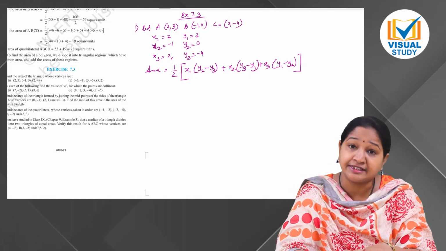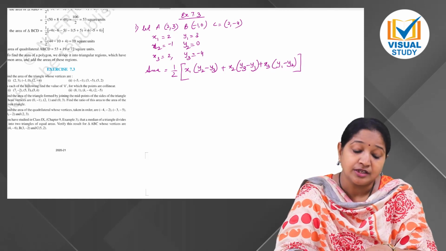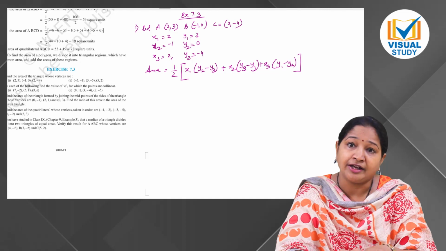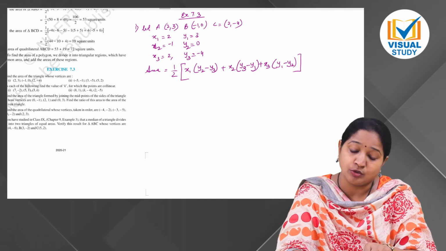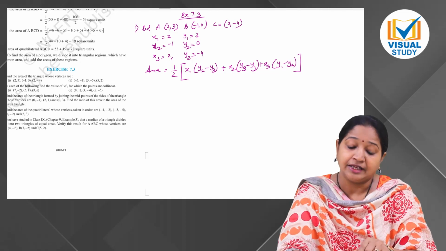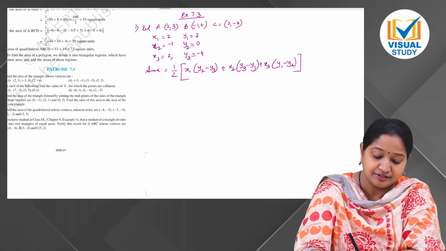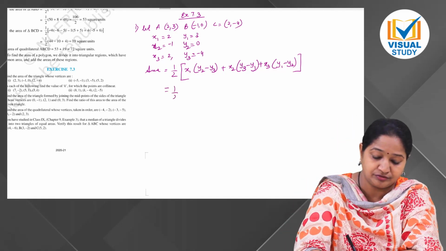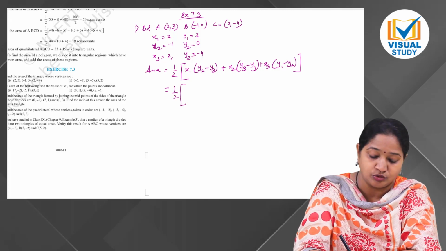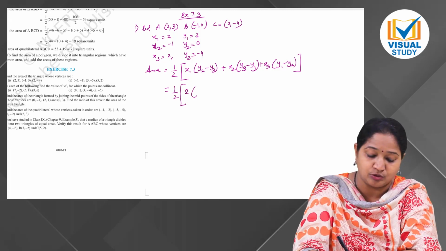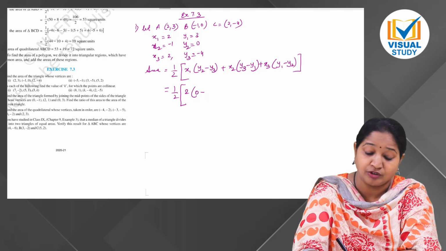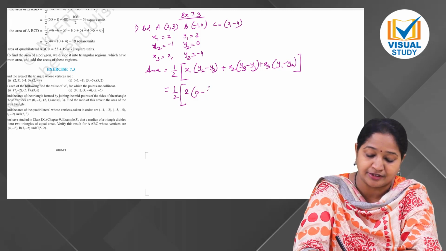See, when it is x1 here, to learn it as a shortcut: x1 is here and y2, y3; x2 is here and y3, y1; x3 is here, so learn it as y1 minus y2. Now half, what is your x1? 2, y2 is 0, what is your y3, that is minus of minus 4.